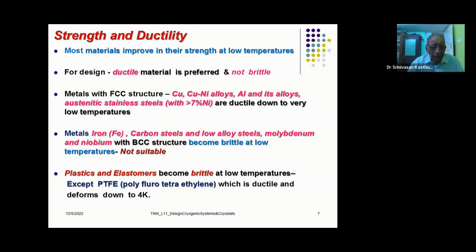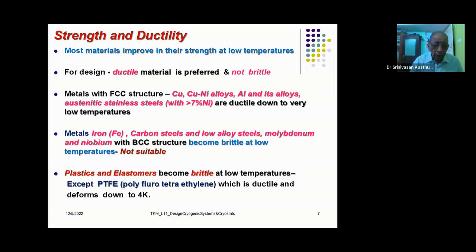Metals such as iron, carbon steels, low alloy steels, molybdenum, niobium have a body-centered cubic structure, or BCC structure. They become brittle at low temperatures, and hence they are not suitable for low temperature applications. But there are conditions.